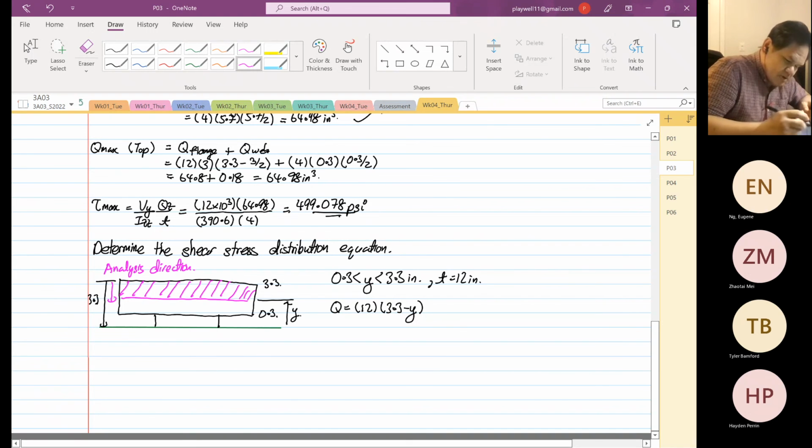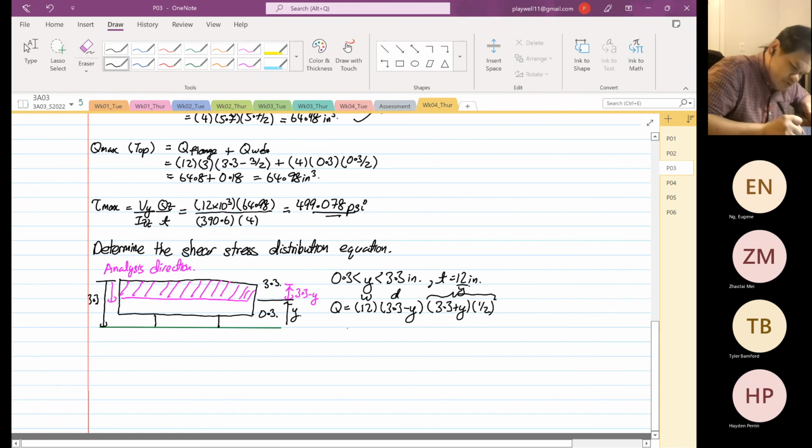So the distance from here to here is 3.3 minus y. This is your width, this is your depth, and the y bar is 3.3 plus y multiplied by half. This over here is your y bar.